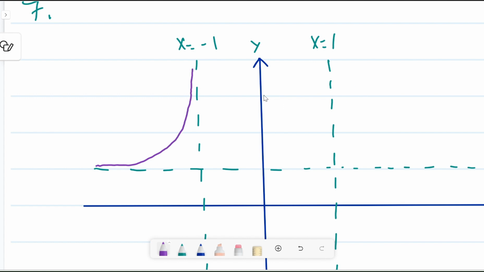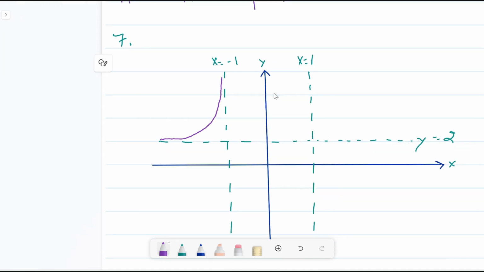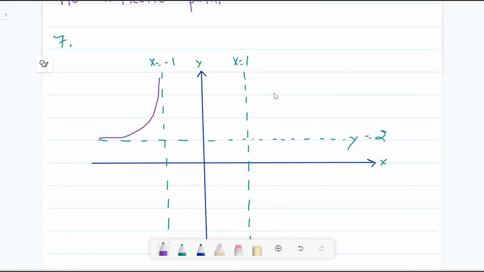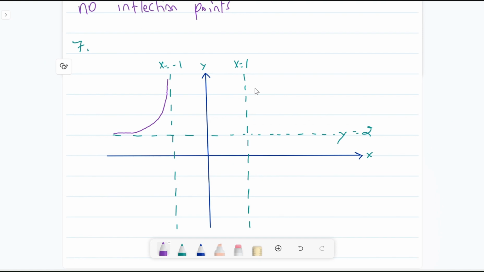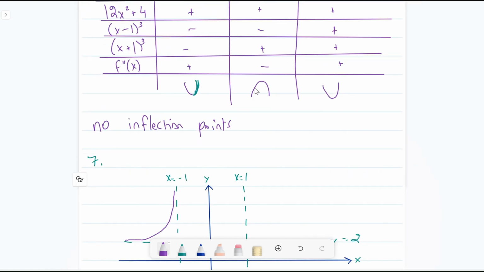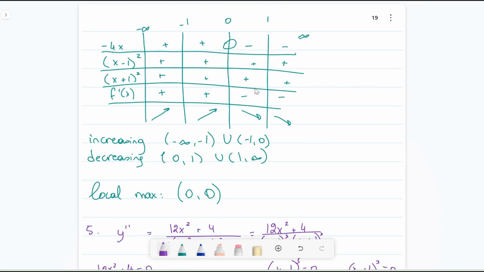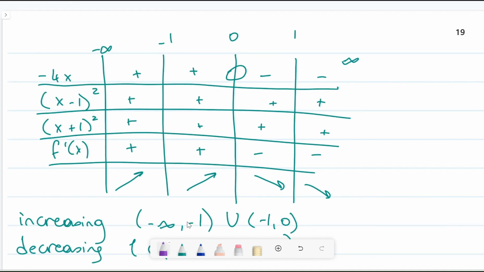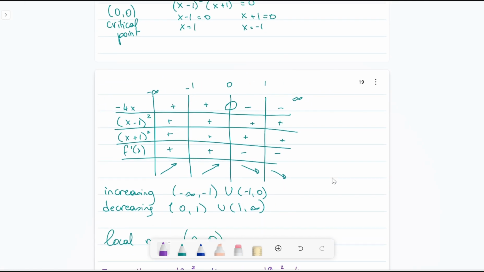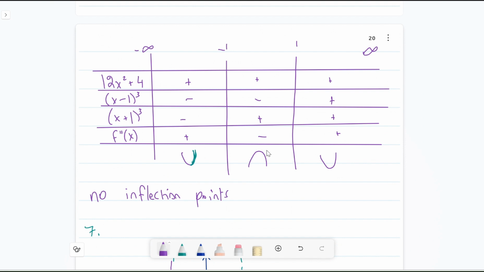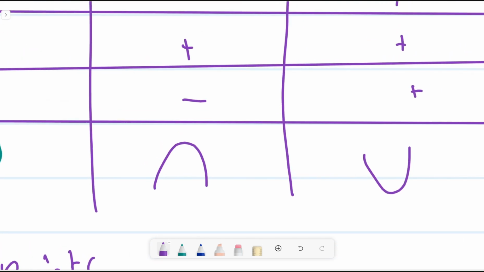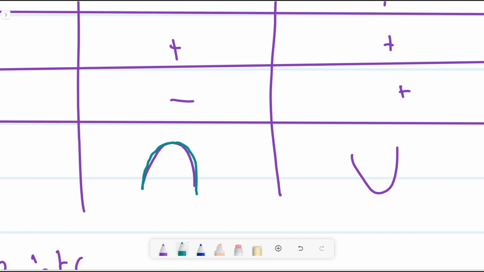Now let's see how the graph behaves from negative 1 till 0 and from 0 till 1. So from negative 1 till 0, the graph is increasing. From 0 till 1, it's decreasing. So this works well with our downward concavity, so it's increasing and then decreasing.